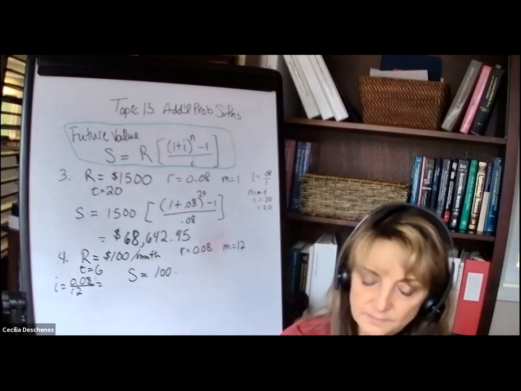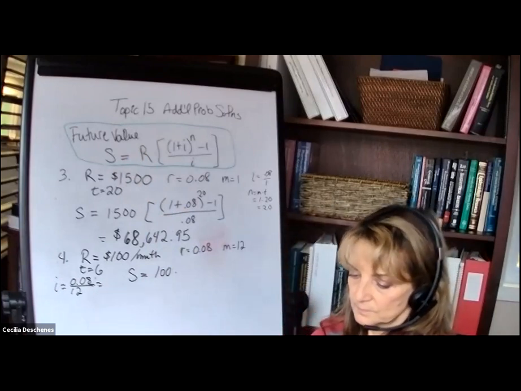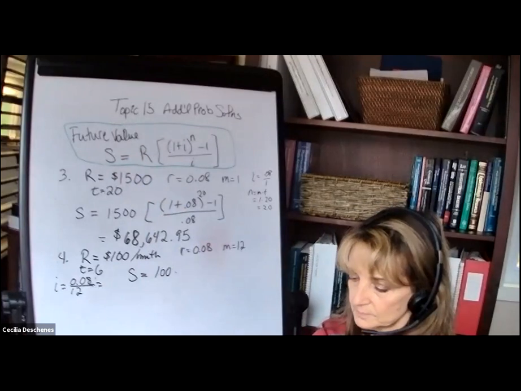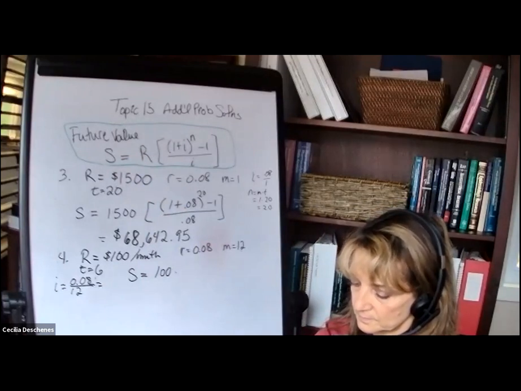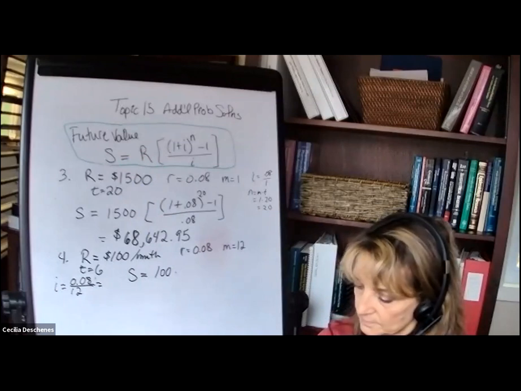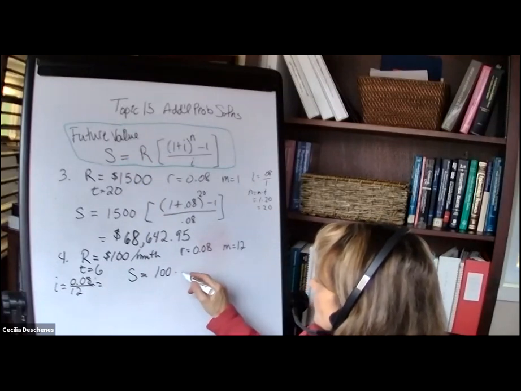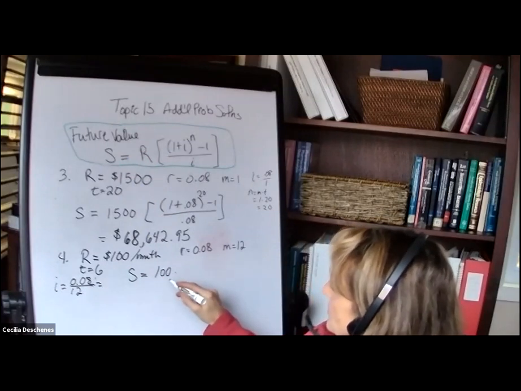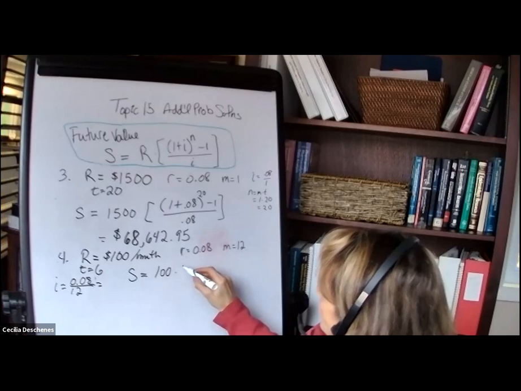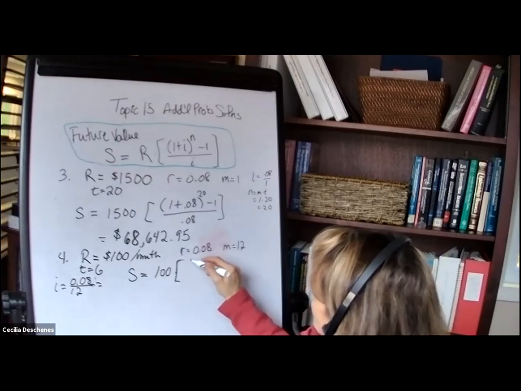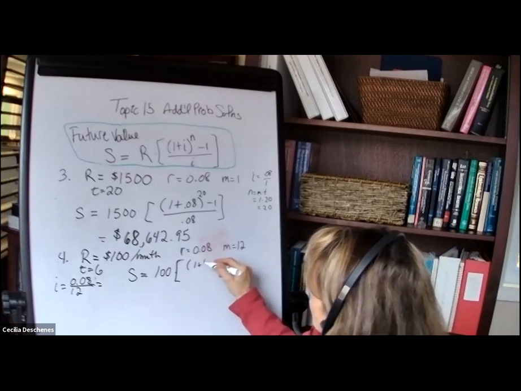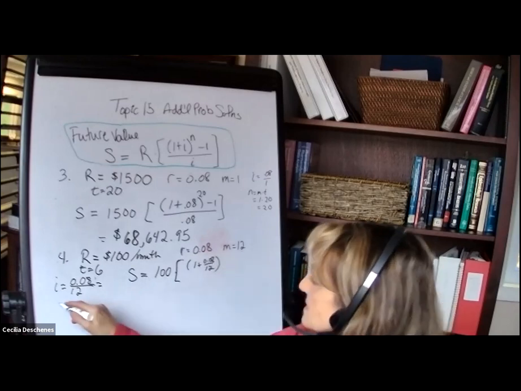And that is, I'm going to leave it like it's some number with a third in there. So we're going to leave it like that. And let's see, 100 times 1 plus 0.08 divided by 12. We're going to raise that to n.